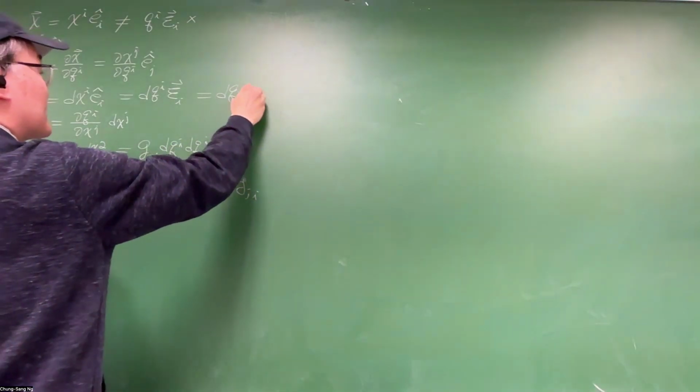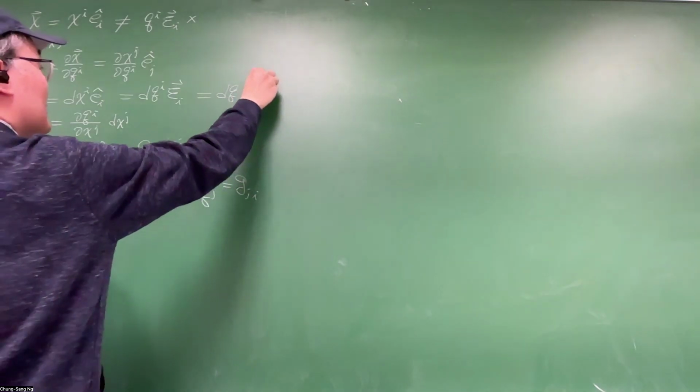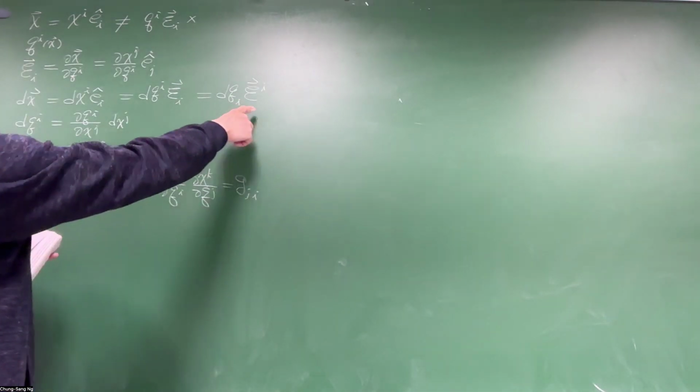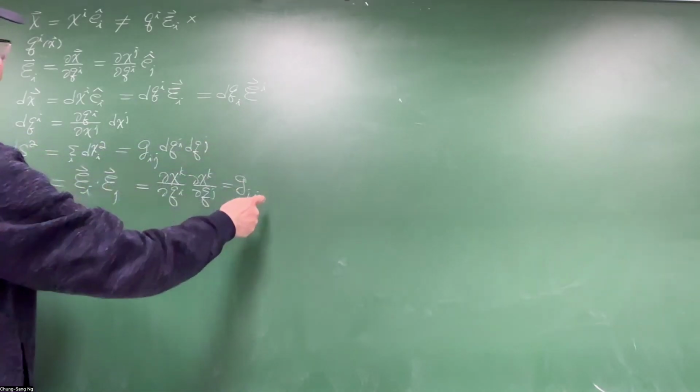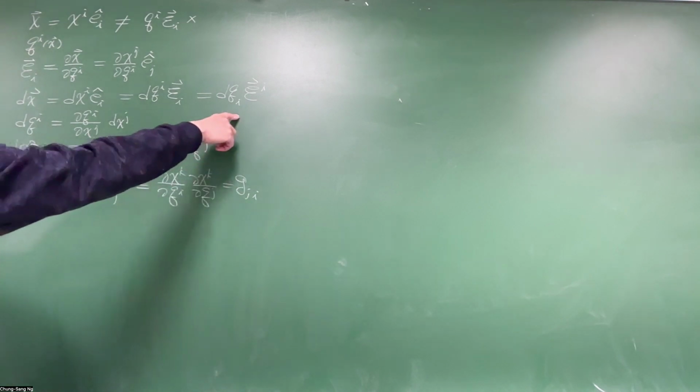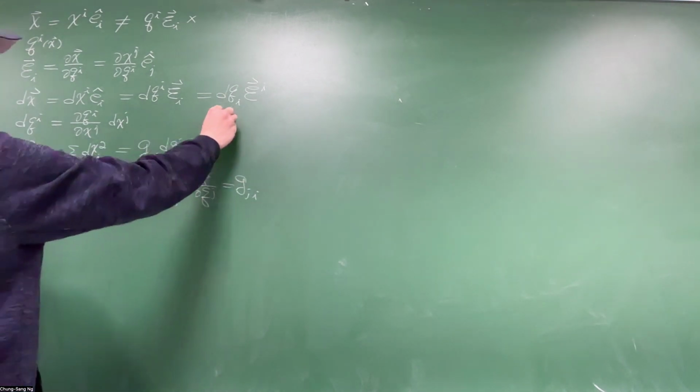And then the basis is with the superscript, right? And that superscript basis, the contravariant basis, you can define just like how you transform a contravariant vector.